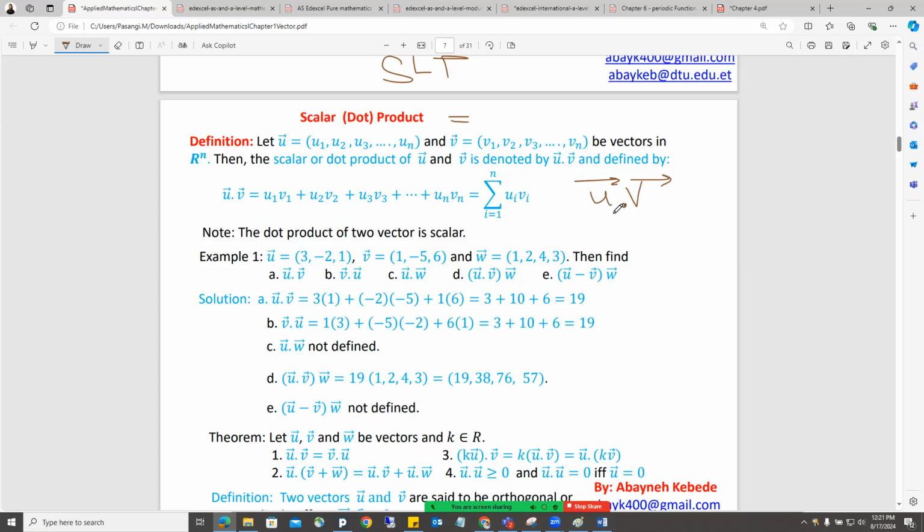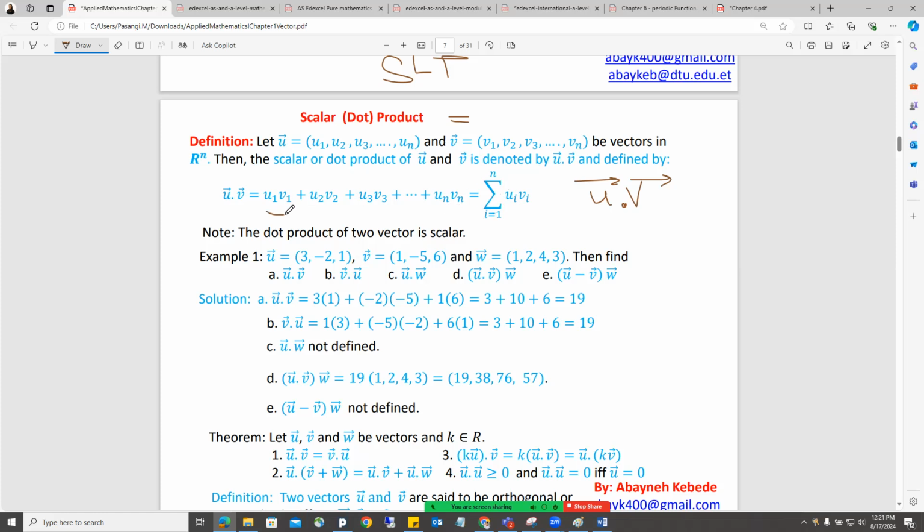It's defined as u1 v1 plus u2 v2 plus u3 v3. Likewise, we multiply the respective components and add all these values together.